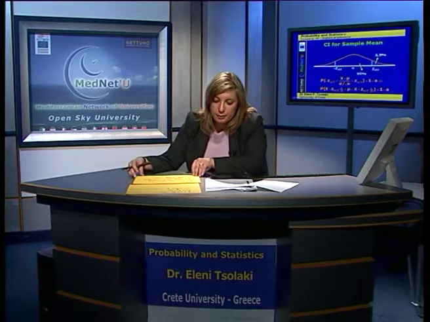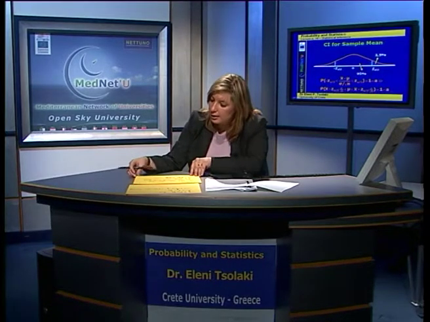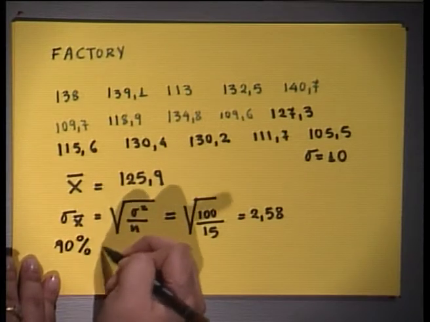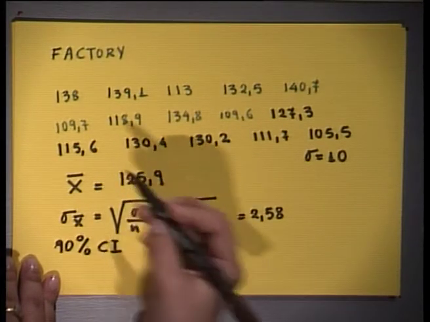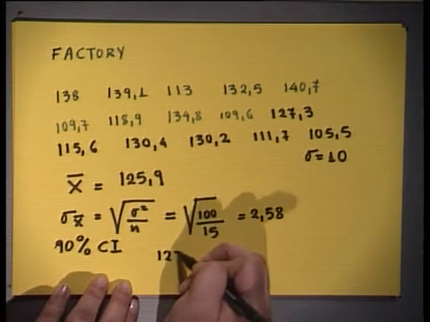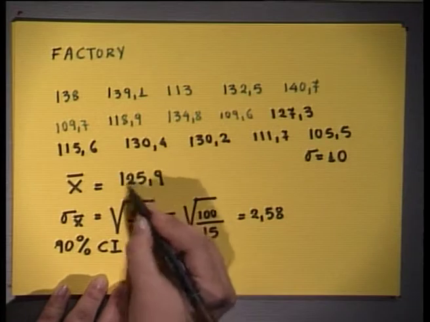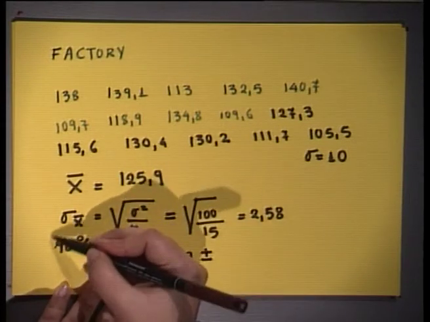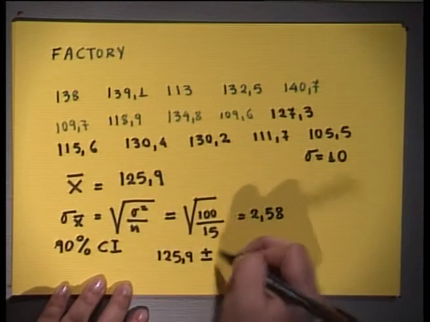For example, a 90% confidence interval would be 125.9, we have calculated, plus minus, we again, as before, use the 90%.